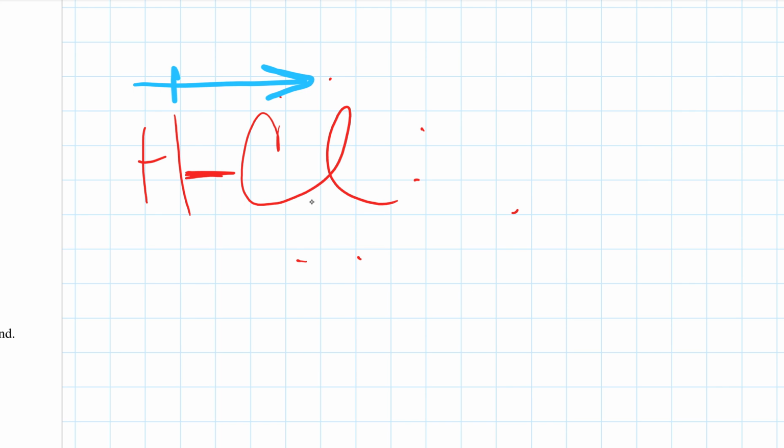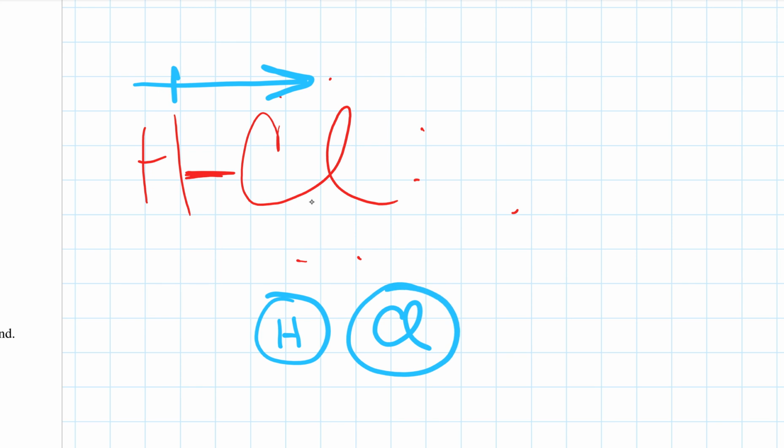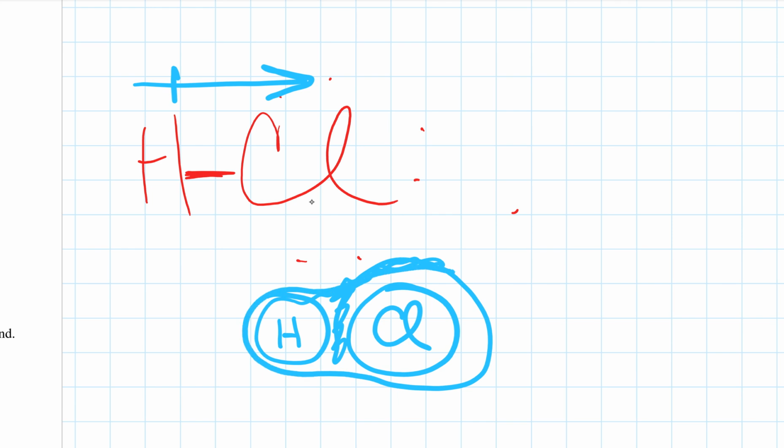Now, let me represent this a little differently. Let's put the hydrogen here, and let's put the chlorine atom here. The electrons are going to spend more time around the chlorine here, so they get shifted towards the chlorine. This end will have a partial negative charge.